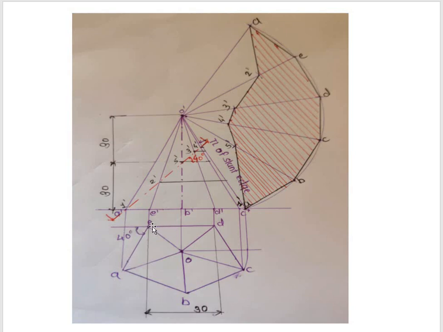So first make a horizontal line. After that, as this is a pentagon, make the included angle as 108 degree. These are the included angle 108 degree.